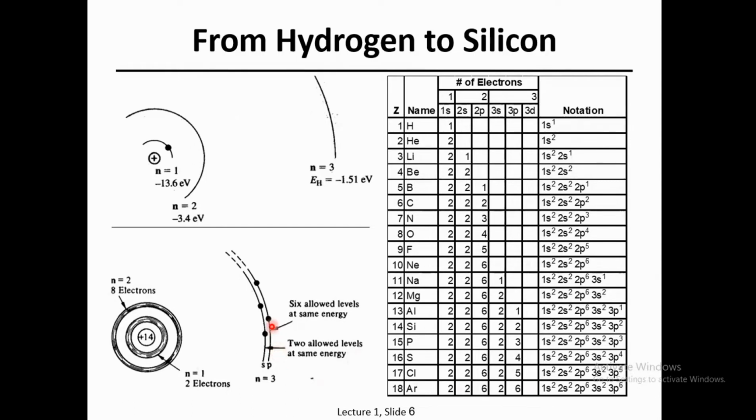So it has 4 electrons in its outermost shell. And these 4 electrons try to make a covalent bonding with other silicon material.